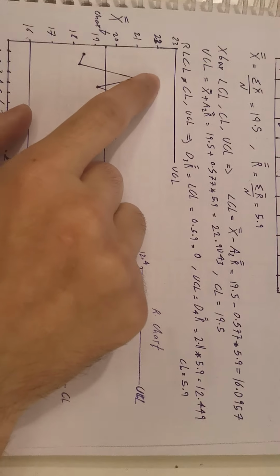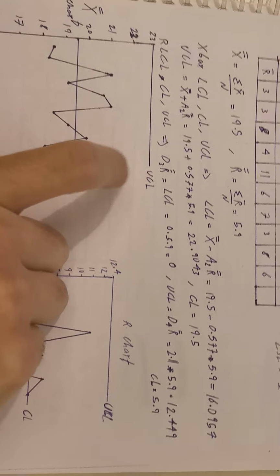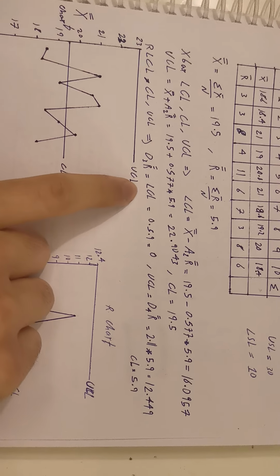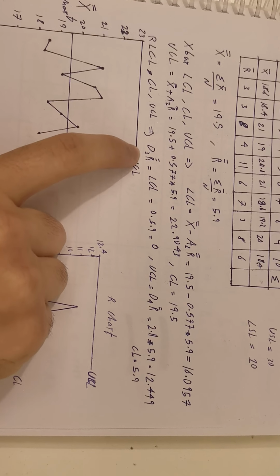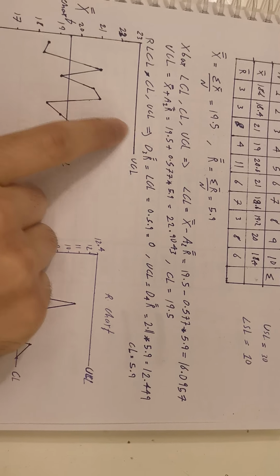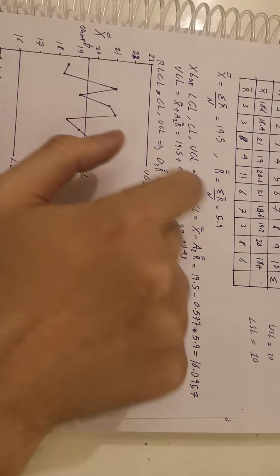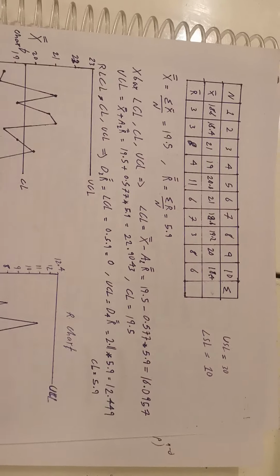And in the range limits, we have different equations, which are, for the lower control limit, you will have D3 multiplied by R grand, and the D3 is also a given, which you can get from a table with the N size, which is, in this case, 10.